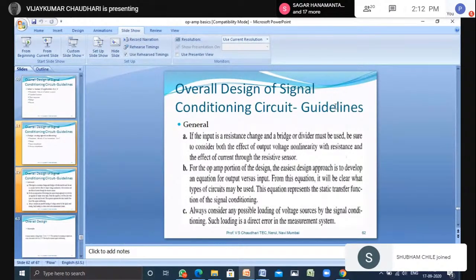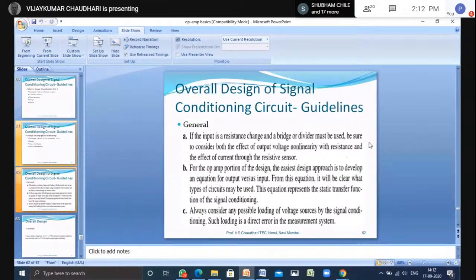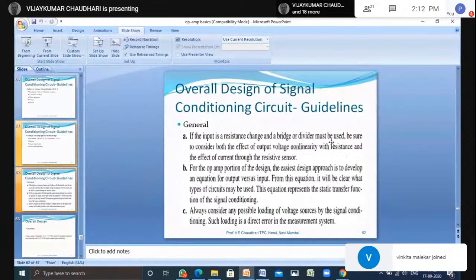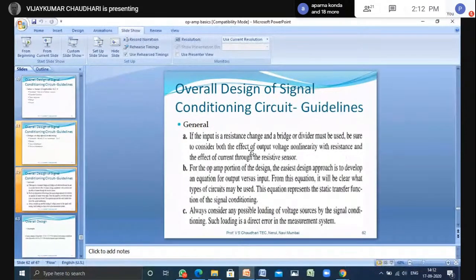General guidelines. If the input is a resistance change, like an RTD or thermistor, and a bridge or divider must be used, be sure to consider both the effects of output nonlinearity with the resistance and the effect of current with the resistive sensor.